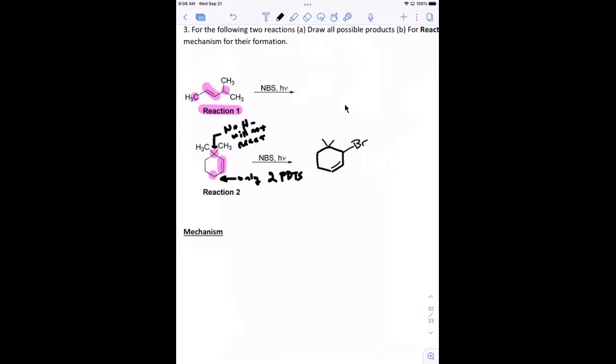What reaction are we studying again? Is it rearrangement? No, the reaction. What's the name of this reaction?